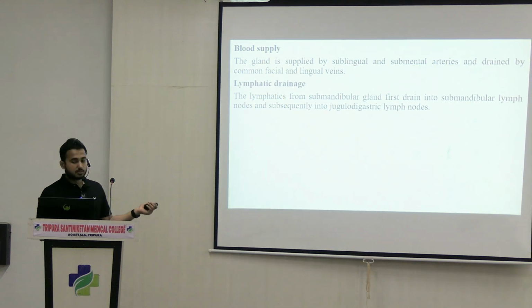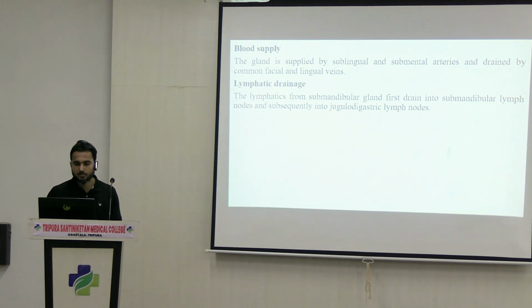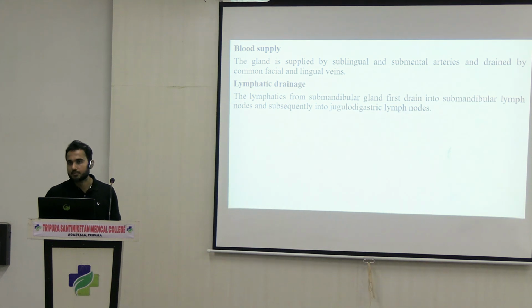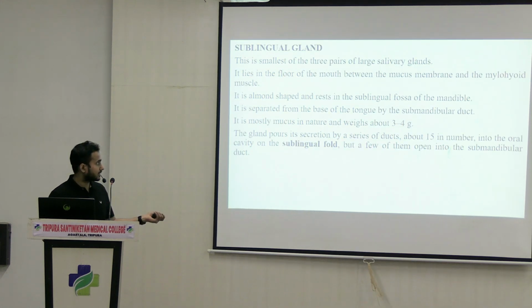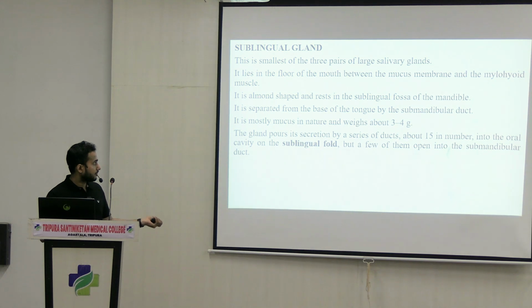Now in the blood supply, as you can see, it is supplied by the sublingual and submental arteries and drained by the common facial and lingual veins. These are the blood supply. Along with the blood supply, nerve supply is also important for the submandibular salivary gland.